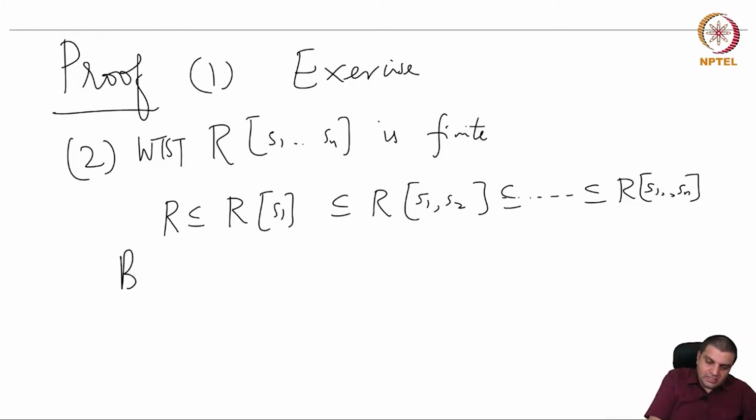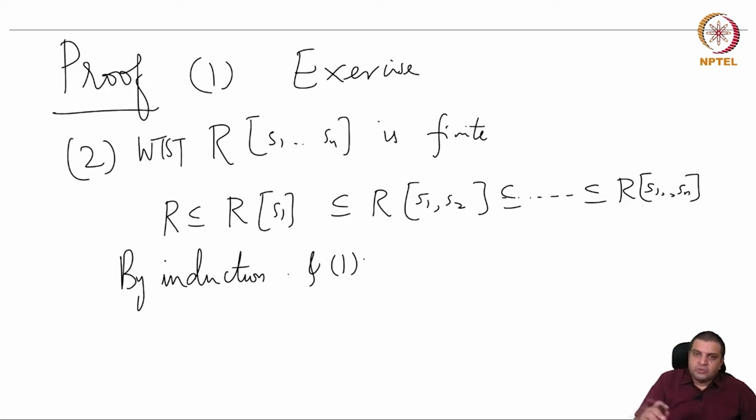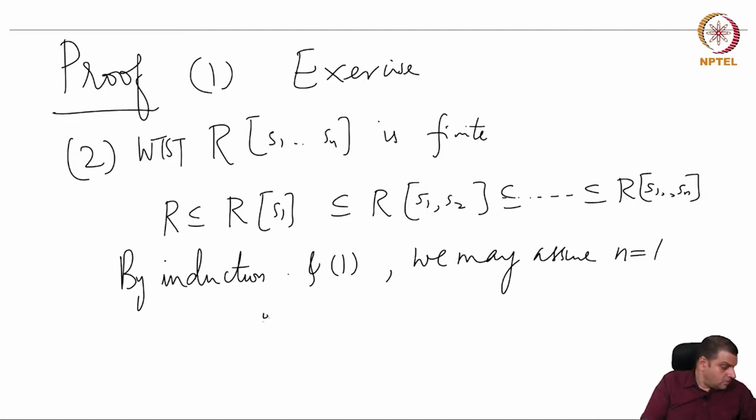So by induction and 1, if you prove that each extension here is finite, then the composite is finite. So we may assume that n equals 1.